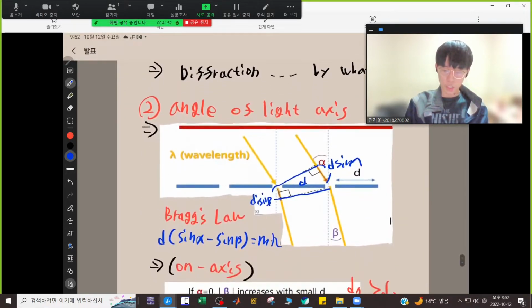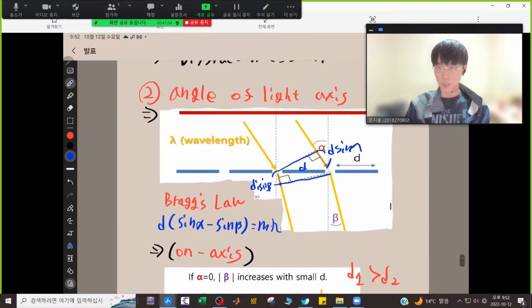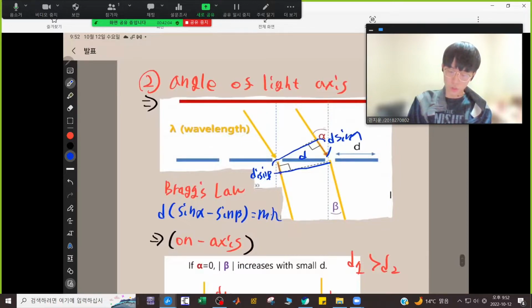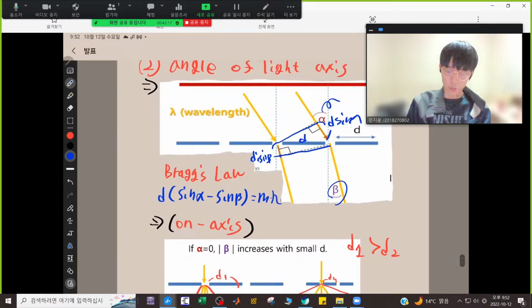First is the angle of light axis. Before I explain Bragg's law, if we know the angle of exposed light to the mask, and also the diffraction angle, we can get the Bragg's law equation.